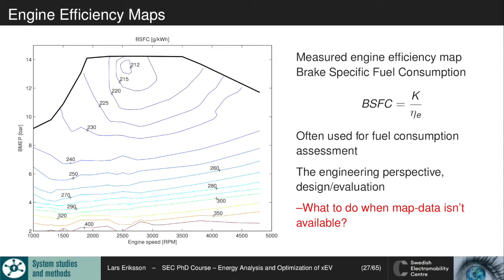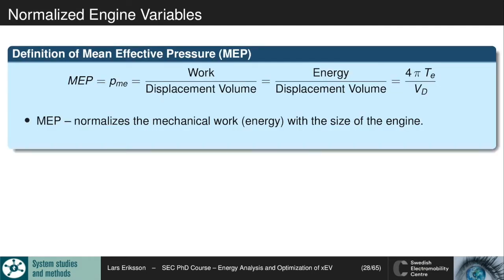So for engine size, we will use some things that are common in the engine domain, and we will first introduce two normalized engine variables. One normalized engine variable is the mean effective pressure, defined by taking the work and dividing it by the displacement volume of the engine. So this is work production normalized with the size of the engine.